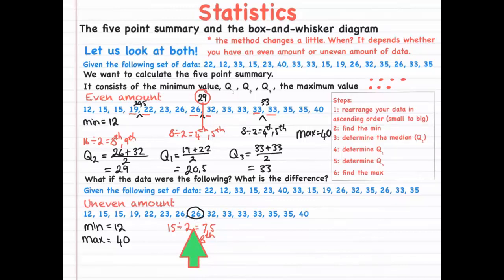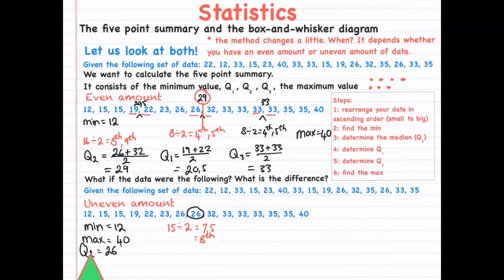And I can simply say here, and I have to write it down, so you can do it here on the side. So we list them there, because with an uneven amount, it's much easier. So Q2 is equal to 26. Okay, got it? So it's 15 numbers. We divide it by 2. We get 7.5. When we round it up, we know which number is in the middle, and it will be the 8th one.